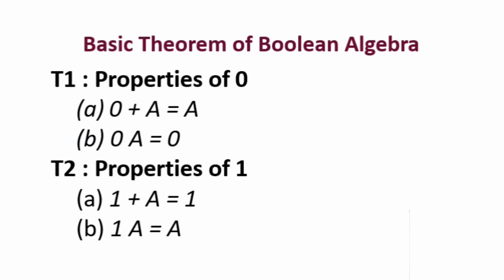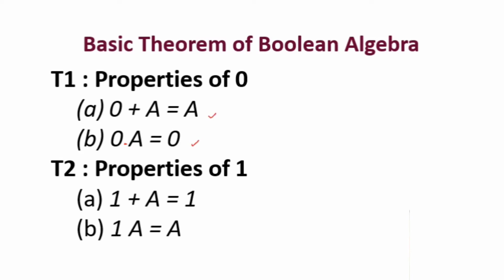So now coming to the basic theorems of Boolean algebra. 0 plus A is A. That means anything added to 0 will be that thing, or we can say that if I add a 0 to anything, that will remain unaffected. So A plus 0 is A, and 0 into A, something multiplied by 0, will be 0.